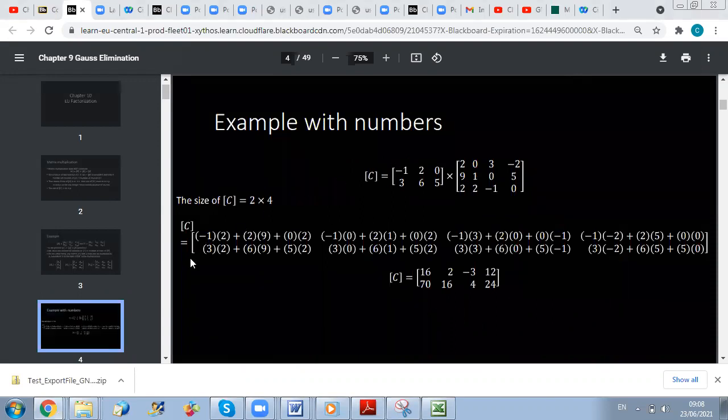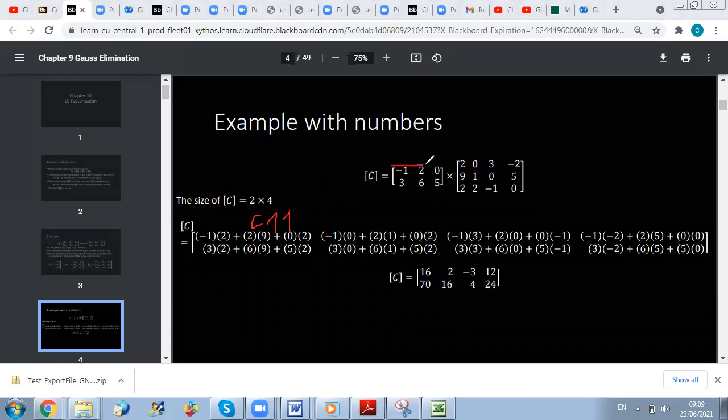Now this is an example to see how the multiplication procedure takes place. If I want to multiply these two matrices, I start with the first element, let's say C11. C11 is obtained by taking my first row and my first column.